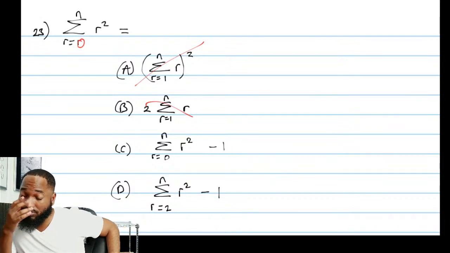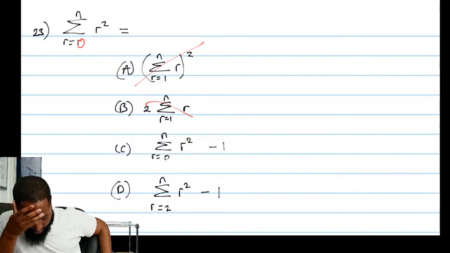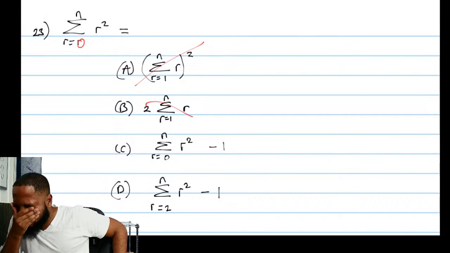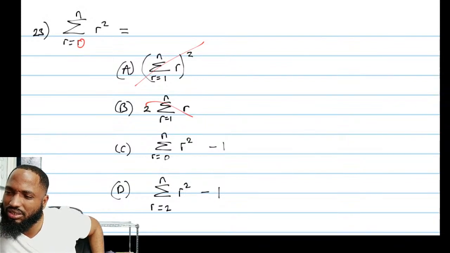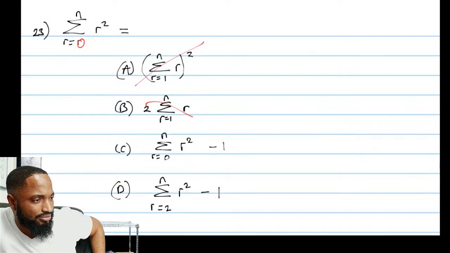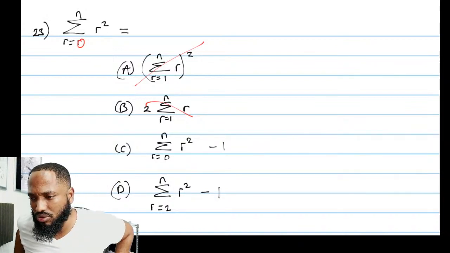This wasn't what I meant to do. r is equal to, what was it, 0 to 1. I think I messed up this question. So I might not be here for the entire thing, but I'll always post it.